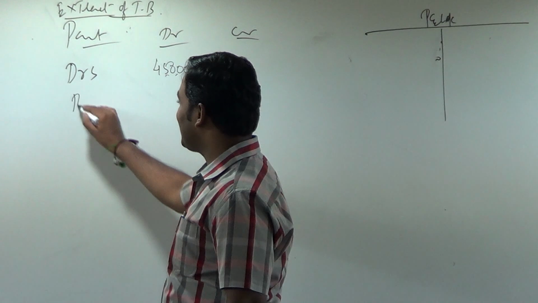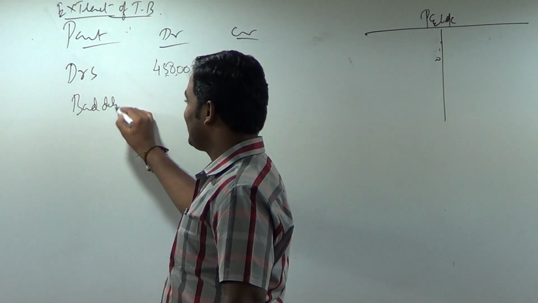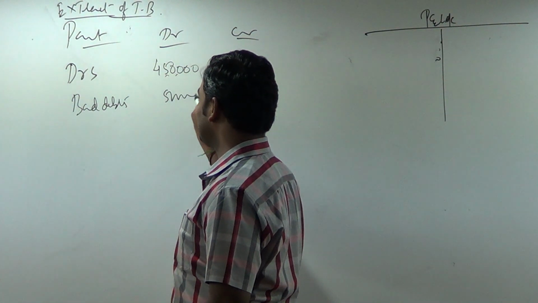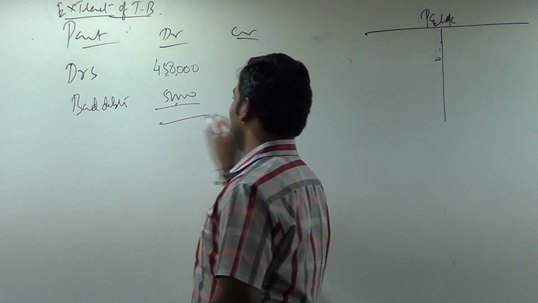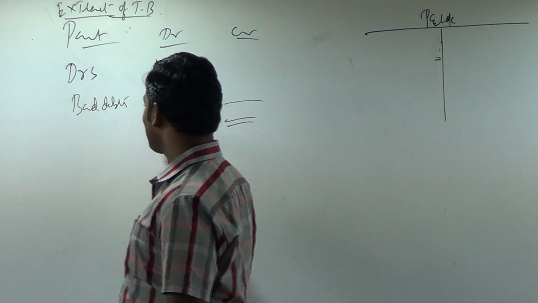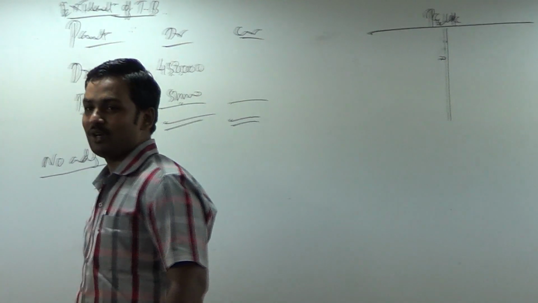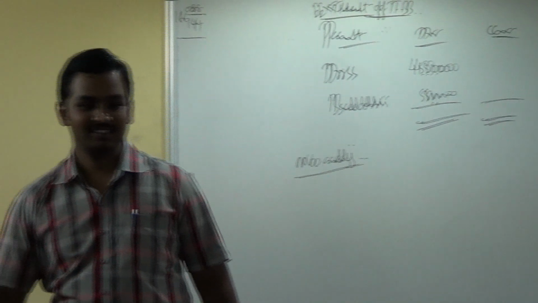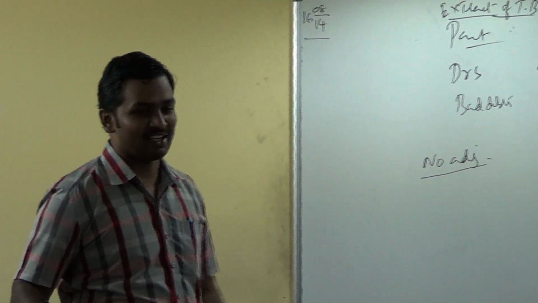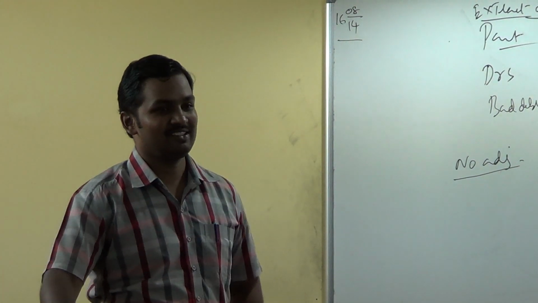Next, bad debts 50,000. Adjustments: no adjustments. Prepare P&L account and balance sheet.